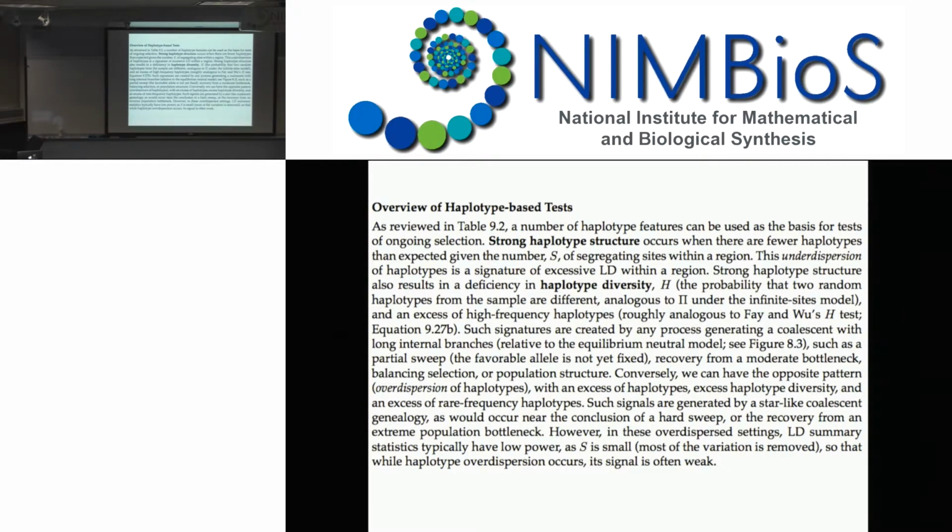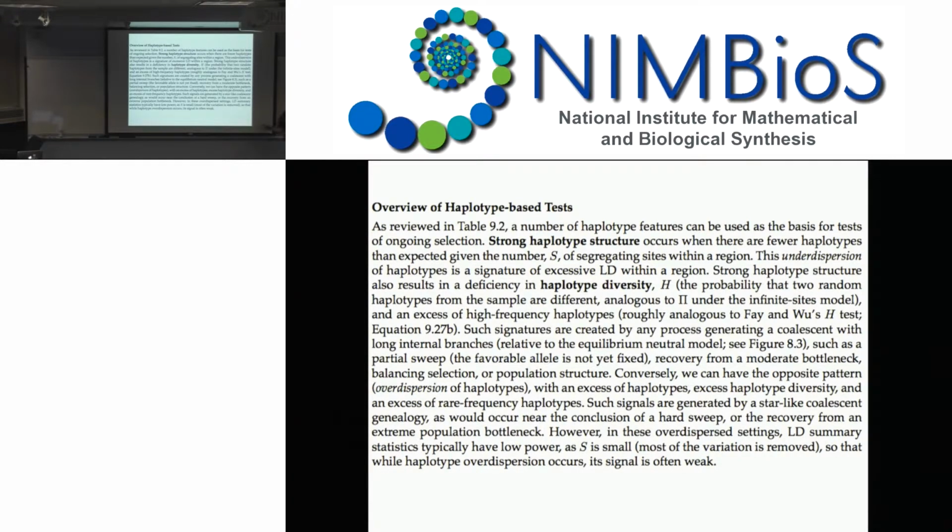So the basic overview is, if I have a certain number of segregating sites, do I have too many or too few haplotypes? You could imagine one extreme where I've got a whole bunch of segregating sites, but only two haplotypes. They just differ in those segregating sites. Or you could imagine that the number of haplotypes equals the number of segregating sites, right?